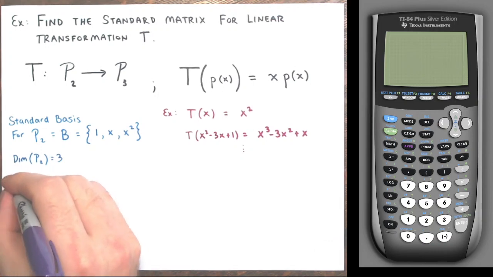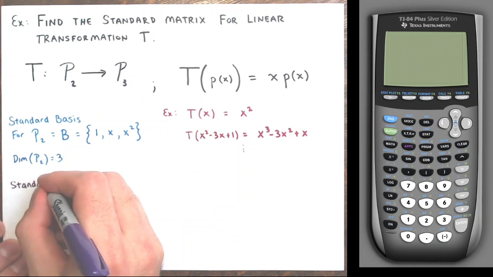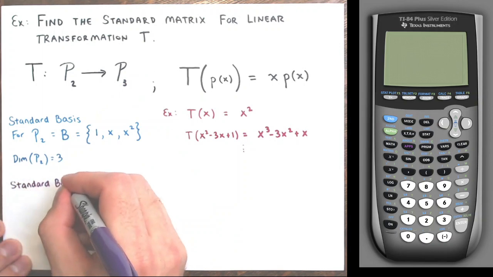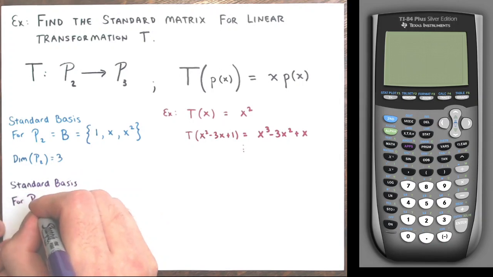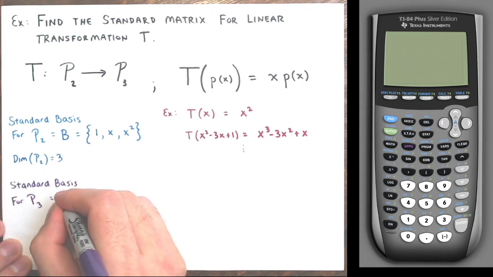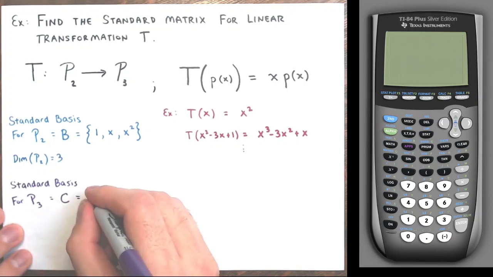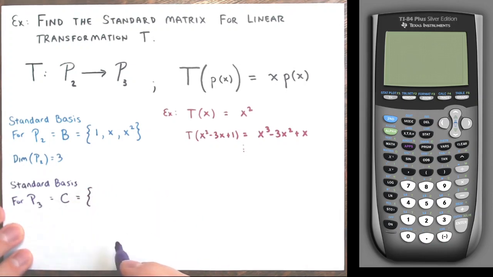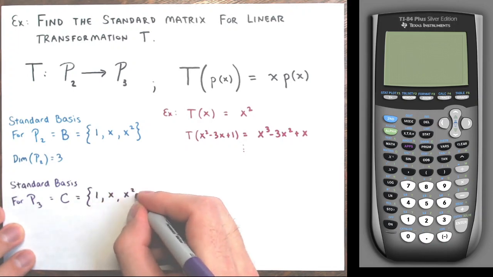And then let me do the same thing for the codomain, P3. Standard basis for P3 is, again, I'm going to call this C like I did in the earlier pages. And this is made up of the vectors 1, x, x squared, and x cubed.